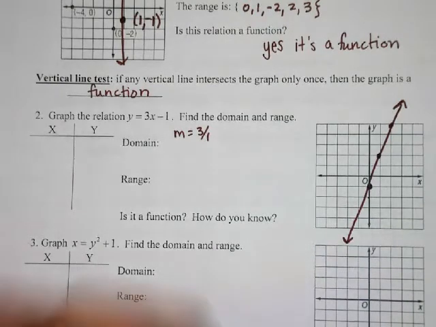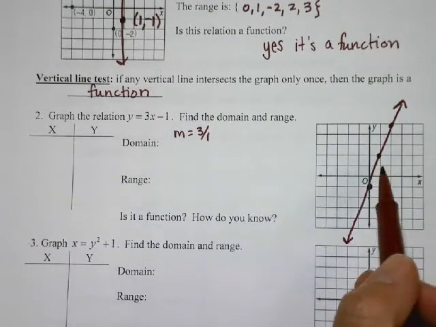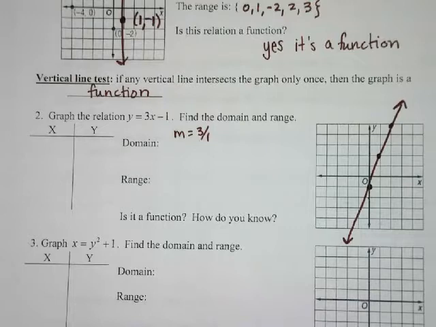So I could sit here and list out my domain and say, okay, it's 0, it's 1, it's 2, it's 3, but it's also like 1.1, 1.01, 1.0001, you know? So is there any value that I could not put into this function? Think about when we were talking about our special sets yesterday. Remember when we talked about them?